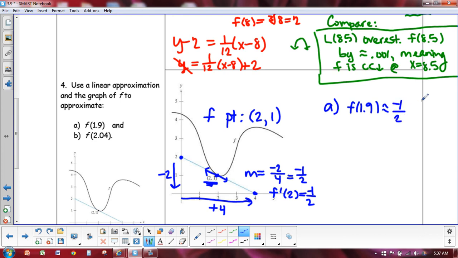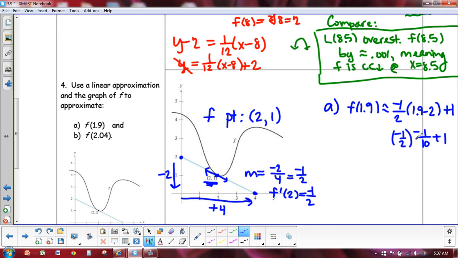So then 1 over 20 plus 1. So 1 and 1/20th, if I go ahead and turn that into an improper fraction, 21 over 20. So f of 1.9 is approximately equal to 21 over 20.